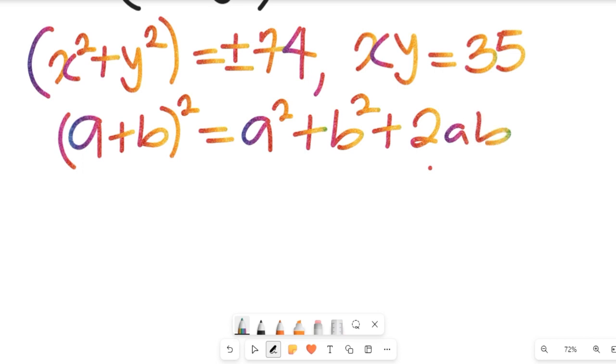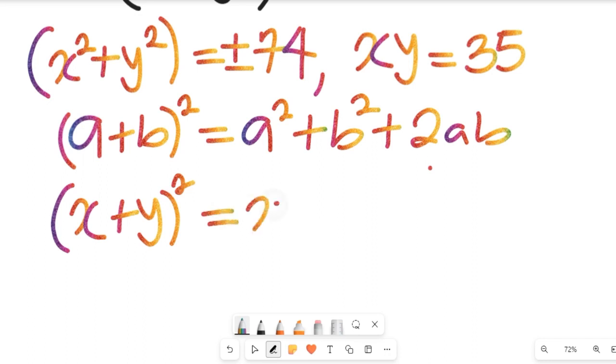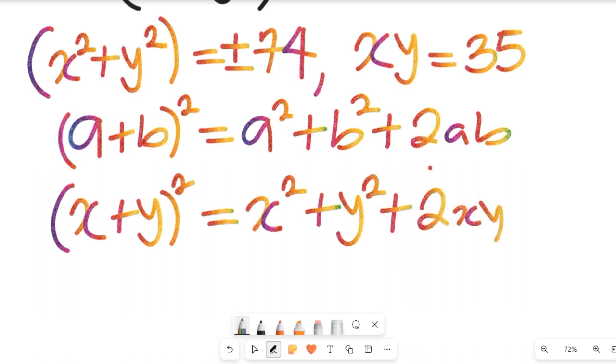We've done this algebraic formula formally. Now if we apply that to this, we will have (x plus y) squared. This is going to give us x squared plus y squared plus 2xy. And recall, what we are looking for is the value of x plus y.